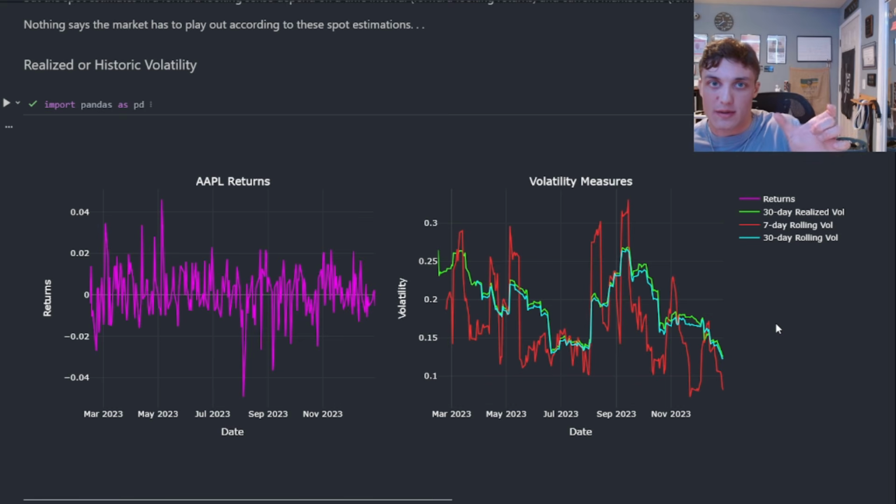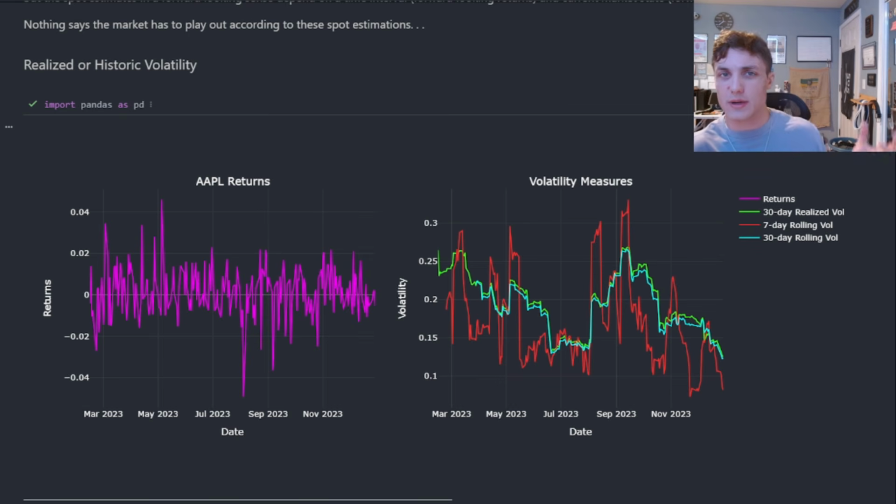So the benchmark that I'm using to measure deviations around is rolling at a much faster time window than the 30-day. So it's capturing more of those wild swings because the benchmark isn't as smooth as the longer time horizon. So this is what realized or historic volatility would look like.